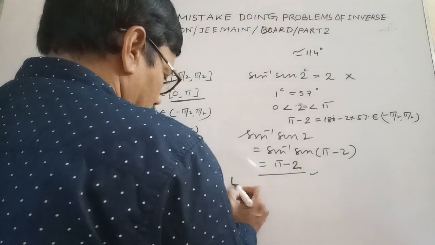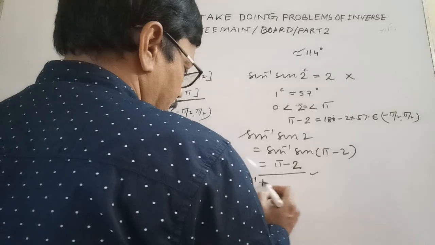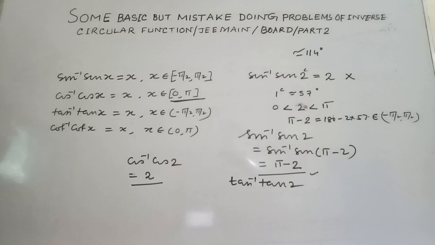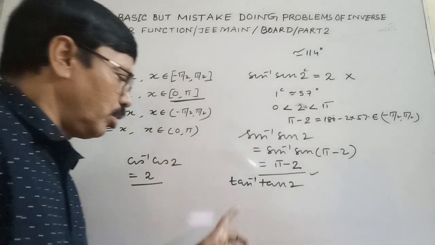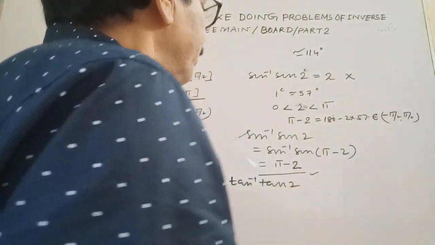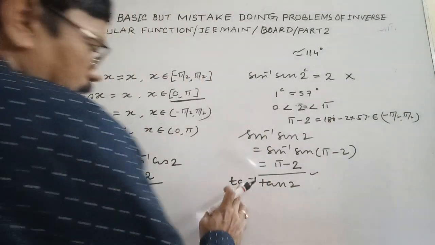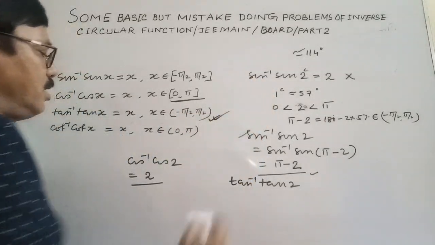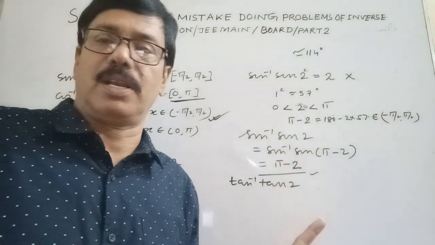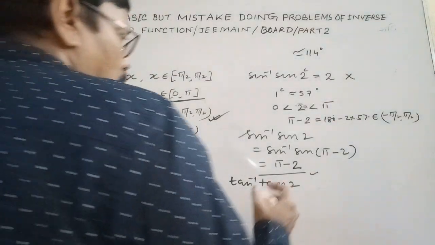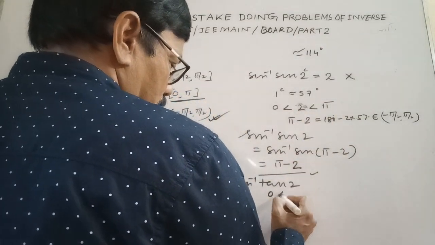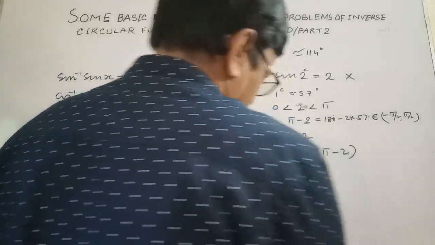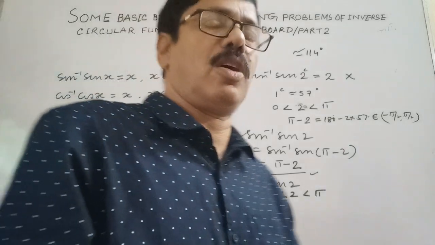Now, tan inverse tan 2. Now look, 2 radians does not belong to the principal value. So look, we know 0 less than 2 less than pi. We want to express this angle in terms of multiples of pi.